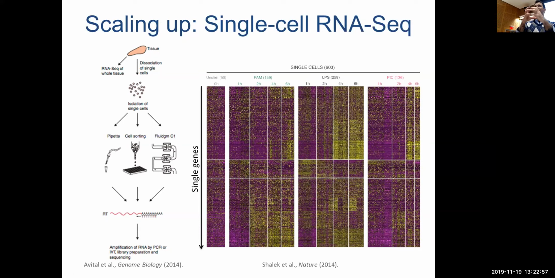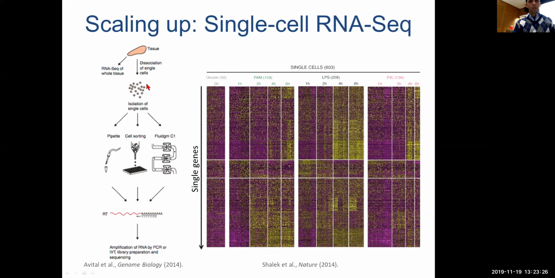And then, after you've added these barcodes, you can just sequence as if it was a bulk sample. And every single sequencing event basically tells you the barcode and therefore the cell that this came from. In addition to doing the single cell dissociation, you can also do bulk sequencing at the RNA level, at the tissue level of RNA, and then being able to compare this with that.